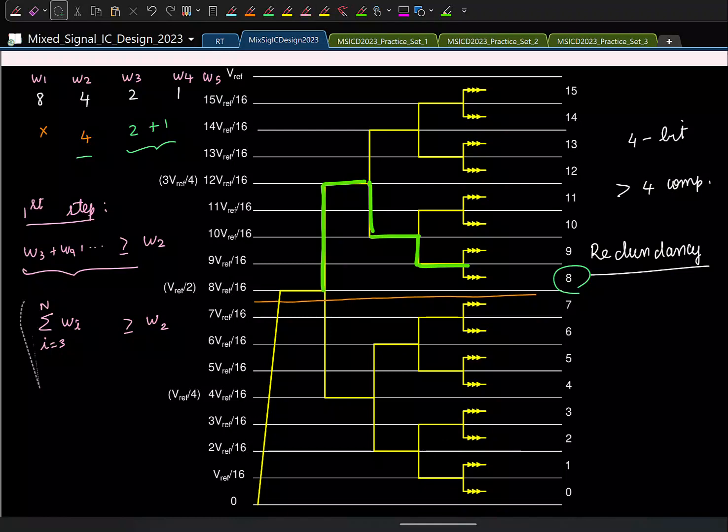So this is the condition to have redundancy in the first step. That is, if I have to have a case wherein even if I make an error in the first conversion, I should still be able to correct for it. The condition that I have to satisfy is this. Is that clear? So let me actually copy this.